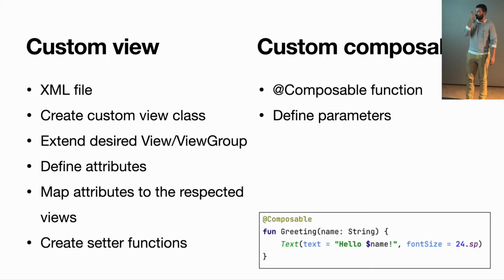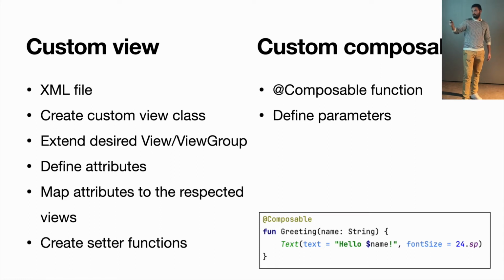On the other hand, we have custom composables, which are basically, like I said, Kotlin functions that have this annotation composable, and you define parameters you want to show, you put them where you want, and basically that's it.